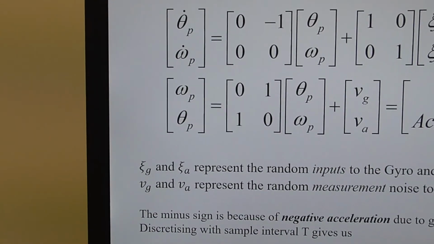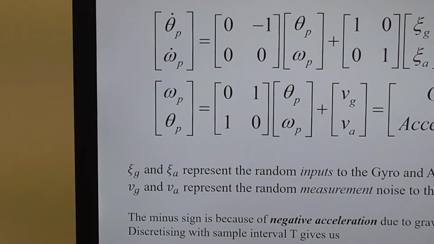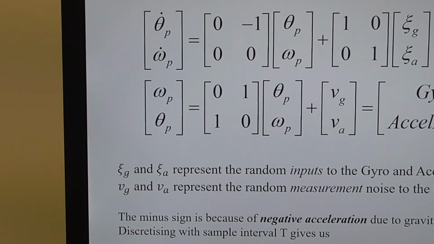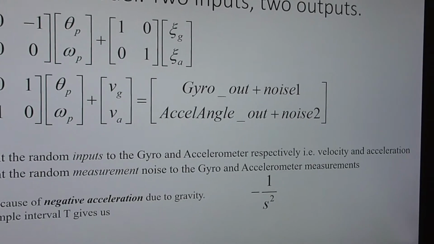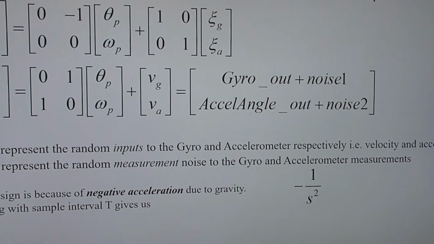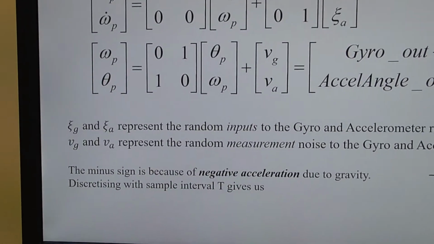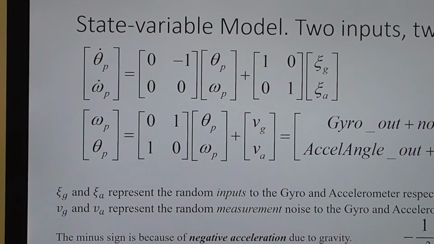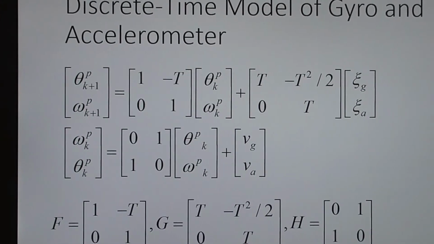So the output from the model is the gyro output for P. P means pitch, because we can do the same for roll, and it's 0, 1, so it's equal to omega p, and you can follow the equations through, and you actually see that you get the gyro signal out plus noise, and the acceleration angle out plus noise, 2 different noises. So we're modelling 2 different noise sources there. And something similar to that is used in other models. I've used it slightly different in this one, but you'll see similar things.